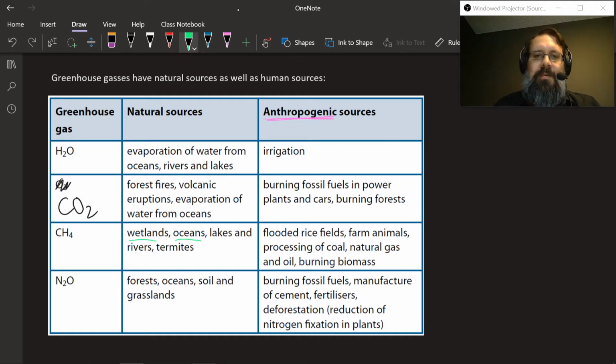So it's important to realize that, even if humans did nothing, if humans weren't here, these gases would still be in the atmosphere. They're natural. But human activity is enhancing or increasing the concentration of these gases in the atmosphere. And that's causing a problem because that's raising the global average temperature.